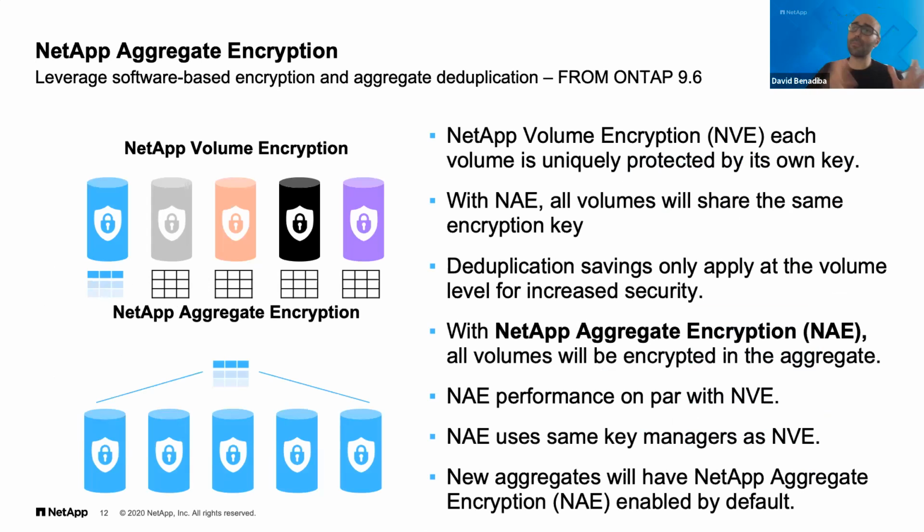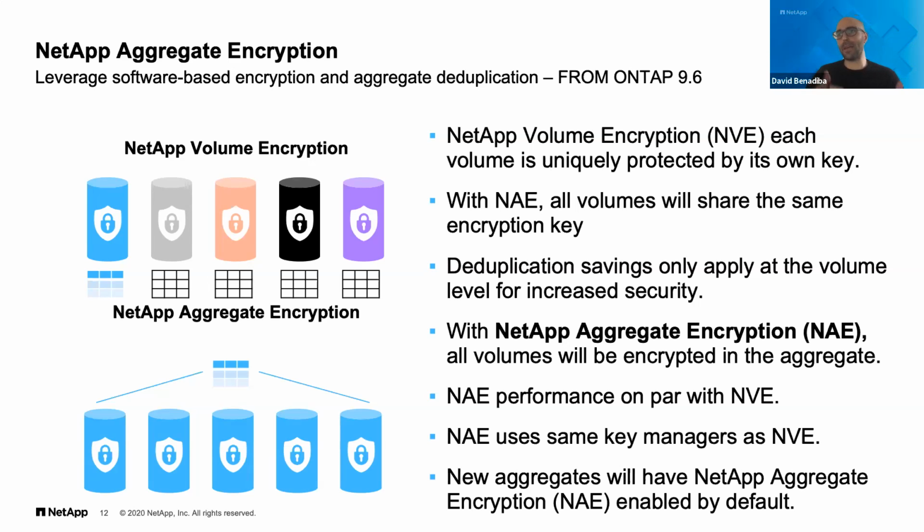If every single volume is using a different key, and you are writing the exact same blocks in two different volumes, the blocks at the RAID layer, and of course at the volume layer, are going to be completely different, since you're hashing and encrypting them with a different key.